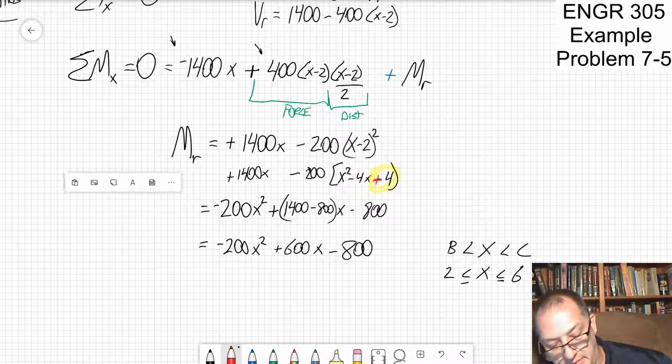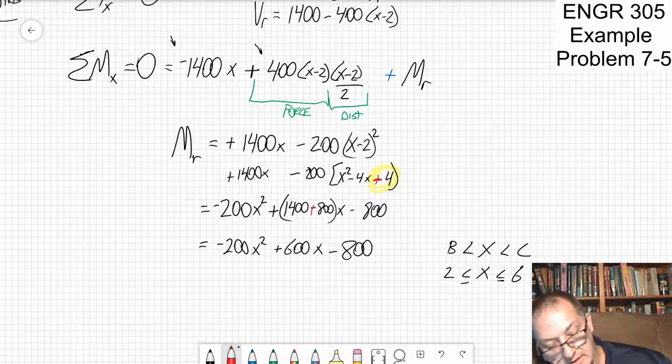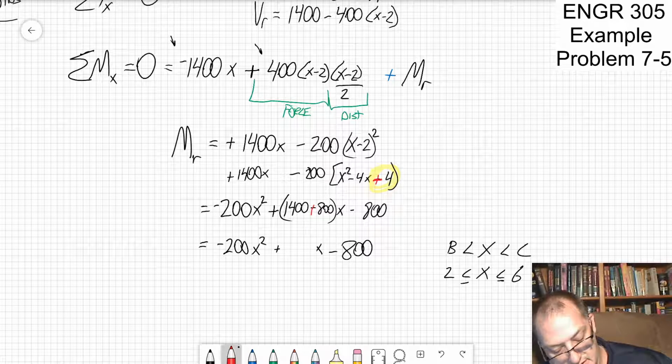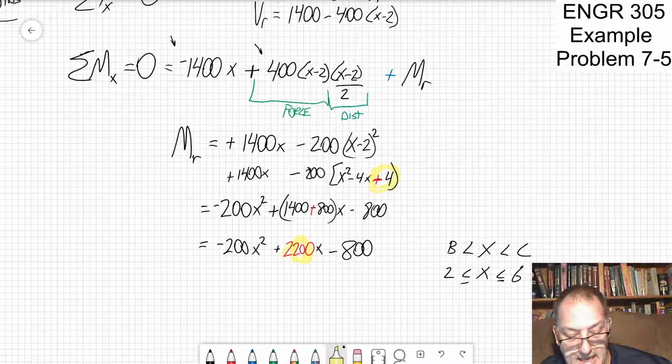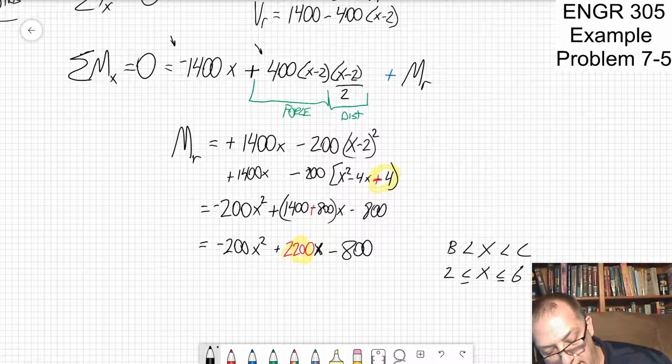Then this becomes a plus, not a minus. So now this becomes 2200x. There's our second mistake. And then the last mistake is I've got a plus 4 and a minus 2, so that becomes a minus 800, and I'm probably good with that.